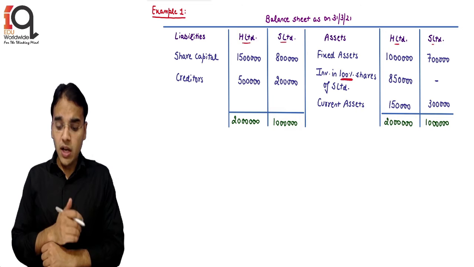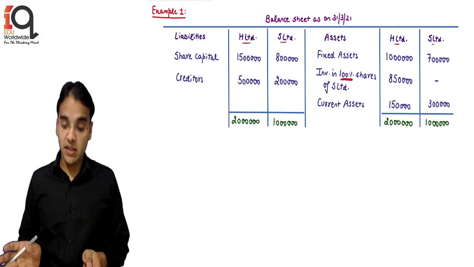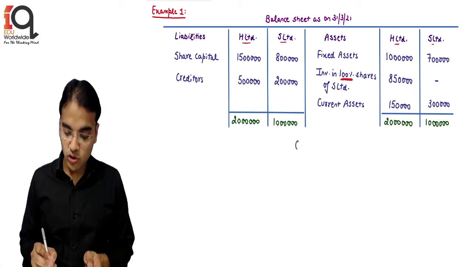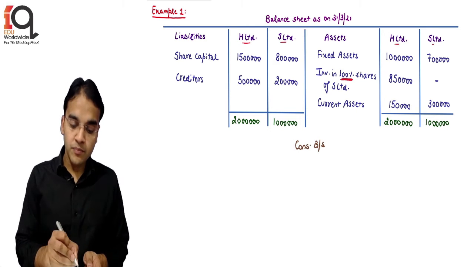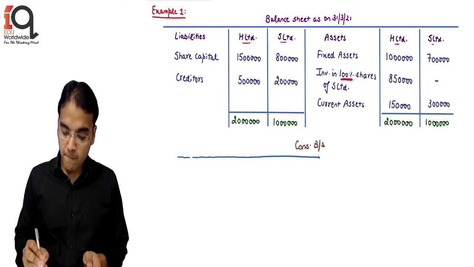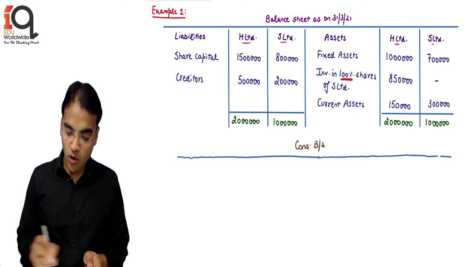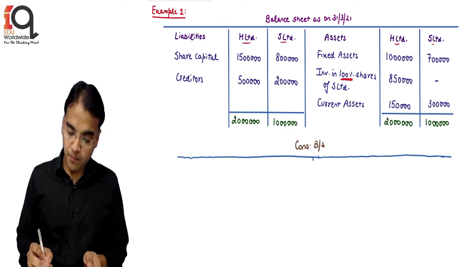Now in this case we have to make, student, the consolidated balance sheet. So I will be writing here consolidated balance sheet, and we are supposed to make the same, and then see how it is to be made, student.